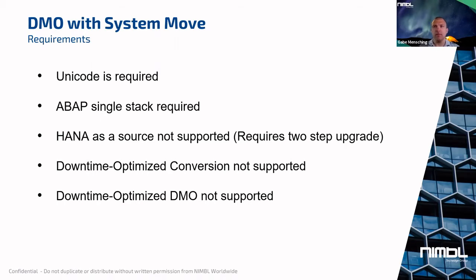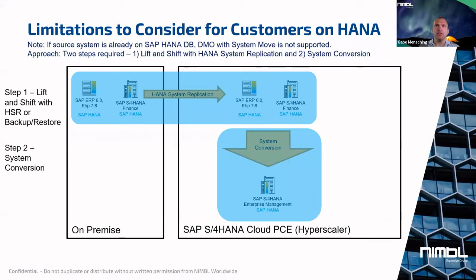Next slide, please. So touching on the customers that are already running on the HANA database platform. Because this is using the DMO database migration option and you're already on HANA, SAP doesn't allow you to migrate from HANA to HANA. So we have this limitation where we can't use some DMO. And so we will actually migrate your system from your on-premise or hosted environment and do a lift and shift.